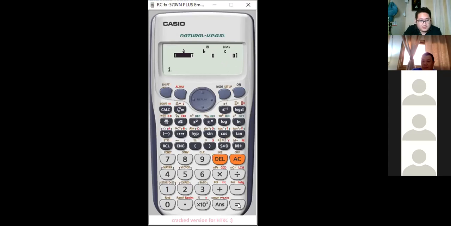So, 1 equals, 2 equals, tapos negative 2,600 equals. Yan, may 50 tsaka negative 52 yung lalabas. Yung negative 52, hindi natin pwede i-accept kasi walang term na lalaro dito sa 52. So, 50 lang yung pwede natin i-accept. So, 50 will be the answer.